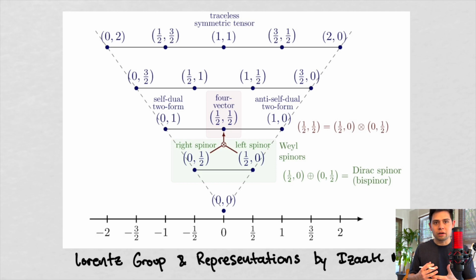So we can talk about, say, a two-dimensional representation of a Lorentz group, or a 3-dimensional or 4-dimensional or 5-dimensional representation of a Lorentz group, right? And that's how this is going to go.